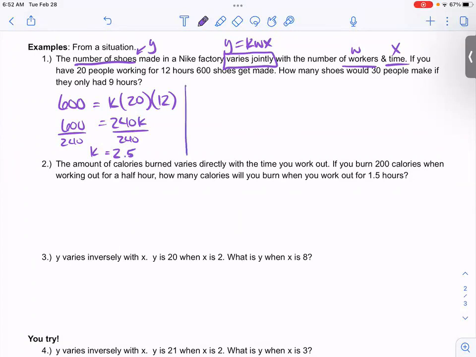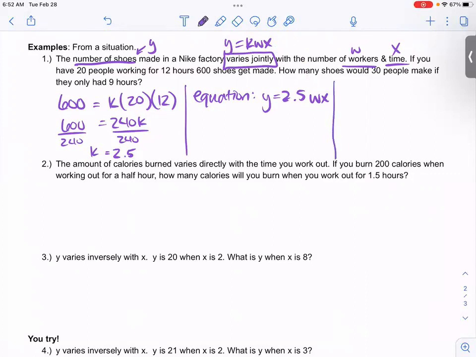So this creates an equation that I can now use. My equation is Y equals 2.5WX. Again, that's just based on this function right up here. Okay, this function relates to this here. So from now, we can take a new situation.